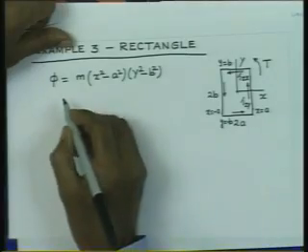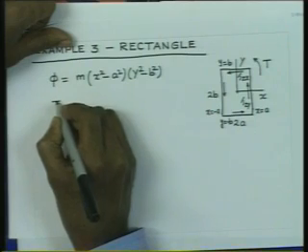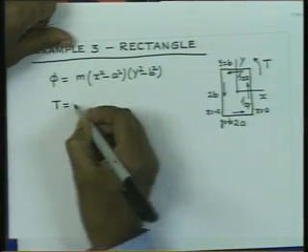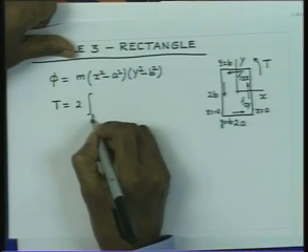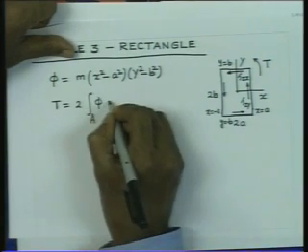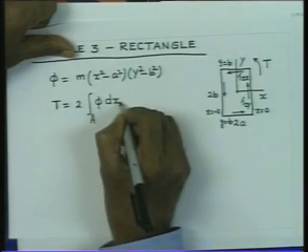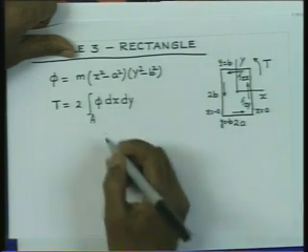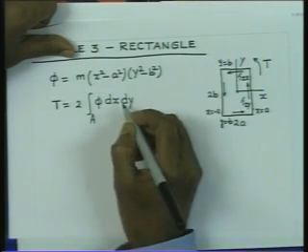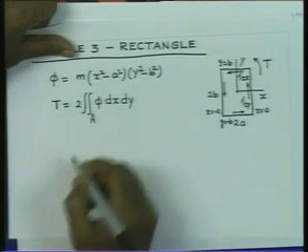Now, I would like to take up the steps to find out the constant m. T is given by 2 times the integration of the function phi over the domain here.